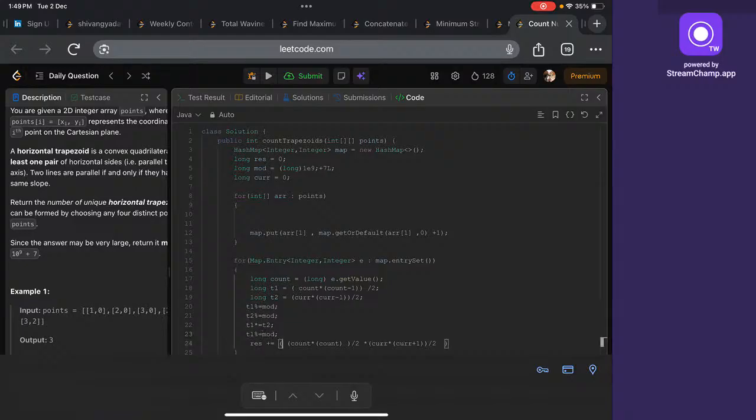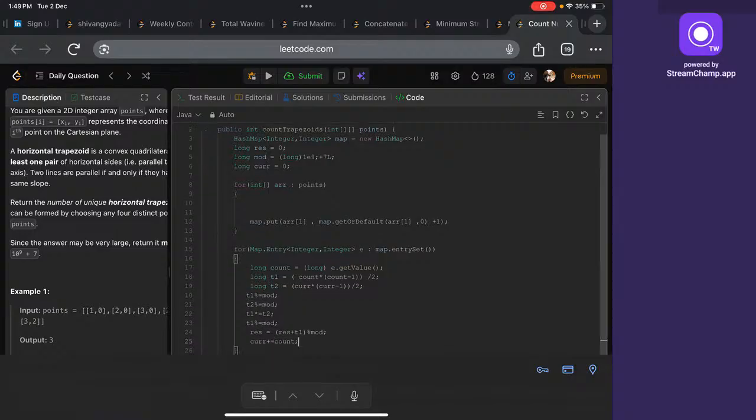Now I'm going to add this to the result. Result equal to result plus t1 mod, and update the current plus equal to t1 count, current total.